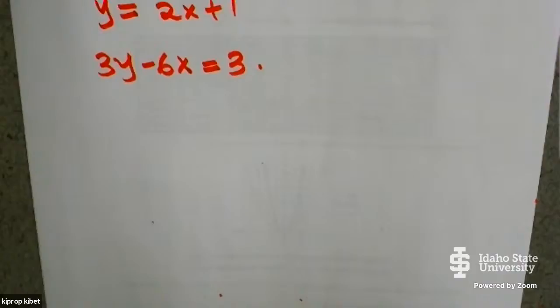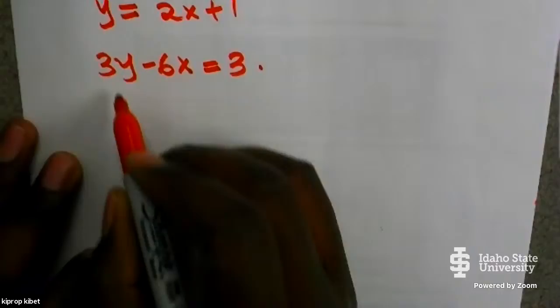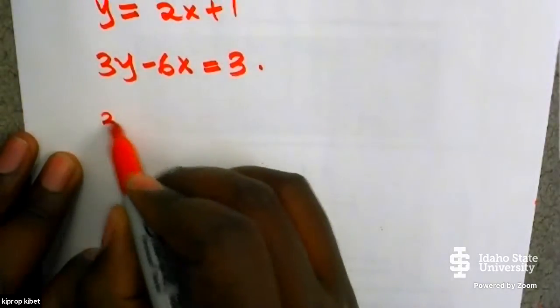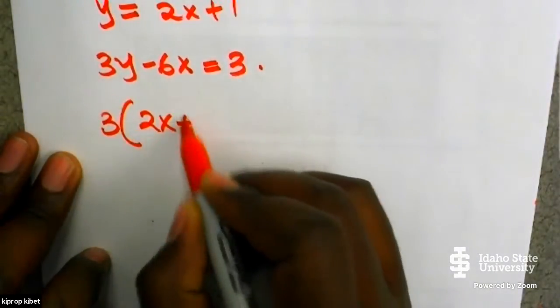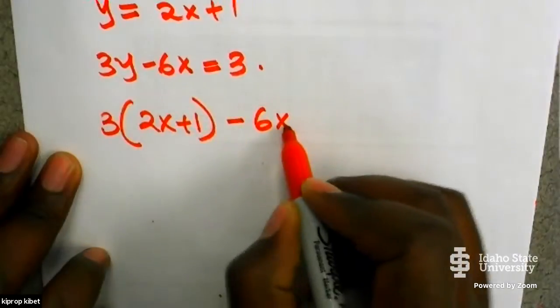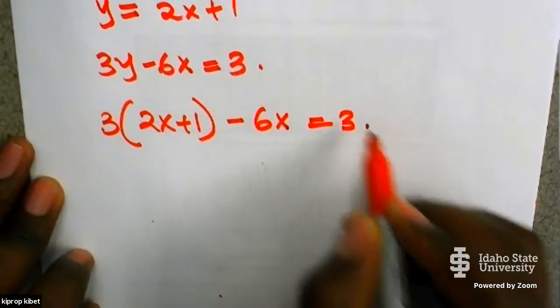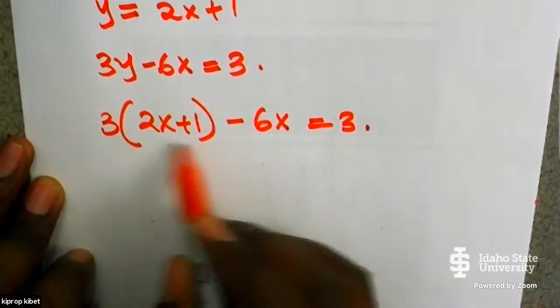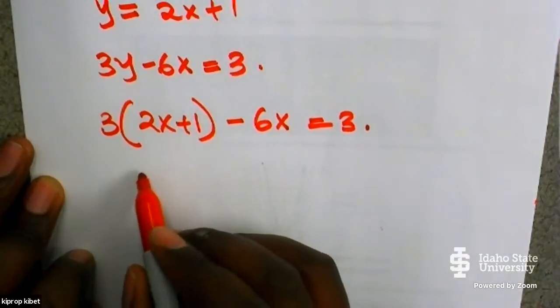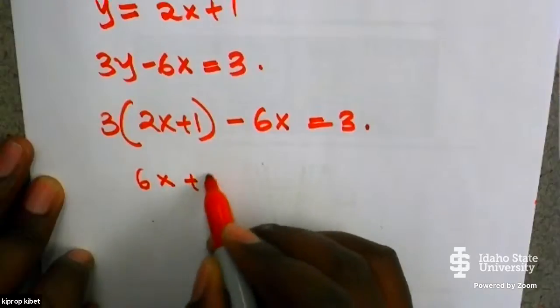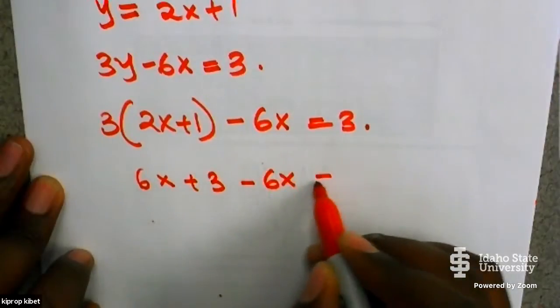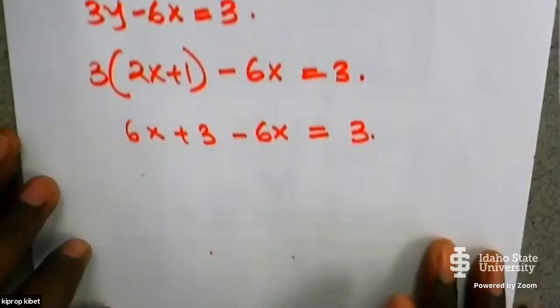Again, you use the substitution. Where there is y, you replace it by 2x plus 1. So you get 3 times (2x plus 1) minus 6x equals 3, so here you get 6x plus 3 minus 6x equals 3.